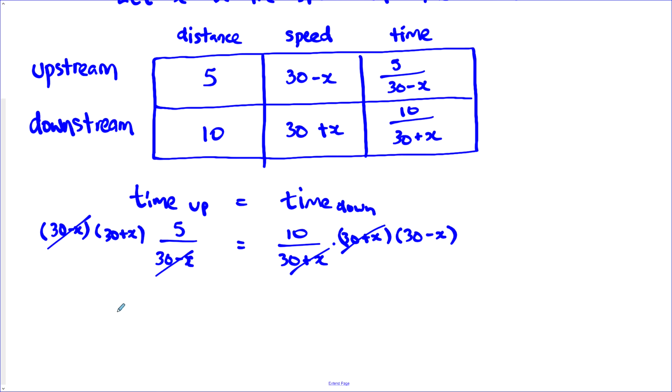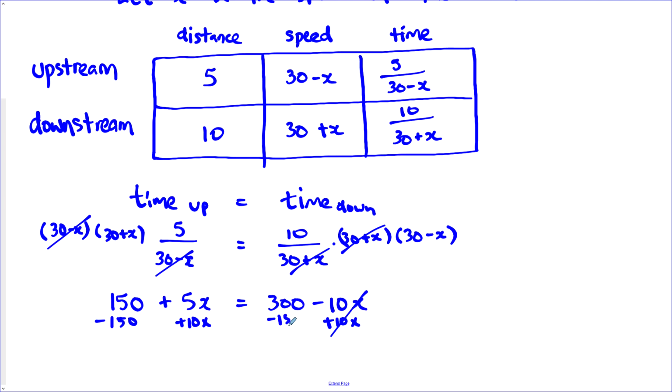So 5 times 30 is 150, and 5 times x is 5x. Same thing on this side. 10 times 30 is 300, and 10 times negative x is negative 10x. Let's collect up the x's on the left side here, so plus 10x on both sides, and minus 150 on both sides.